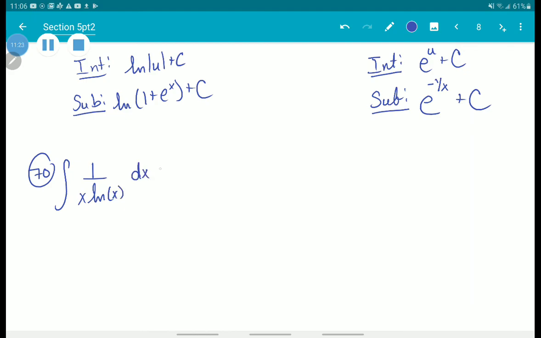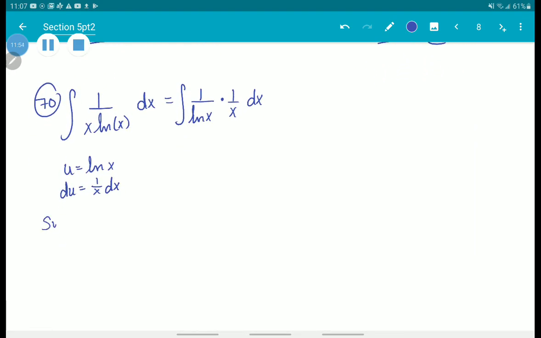So with this one, I'm going to do a rewrite also. Notice I've got an ln in here. I can think about this fraction this way as 1 over the ln of x times 1 over x dx. I know there's a relationship between ln of x and 1 over x. And we're going to use that relationship information. If I let u be ln of x, the derivative of u is 1 over x times dx.